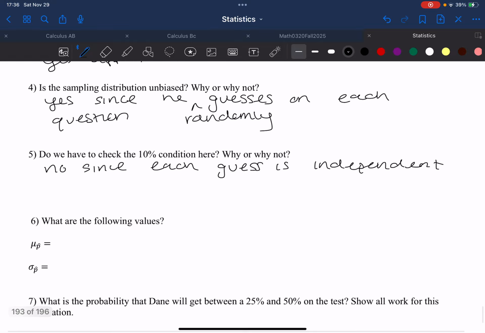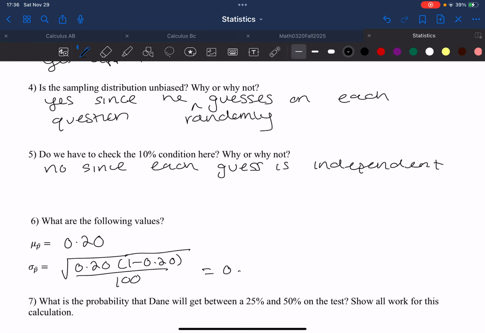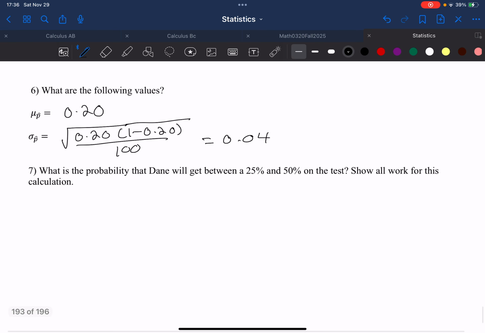Okay, then it says, what are the following values? So mu of p hat is 0.20, and sigma of p hat is equal to the square root of 0.20 times 1 minus 0.20 all over 100, which gives us 0.04. Then it says, what is the probability that Dane will get between a 25% and a 50% on the test?